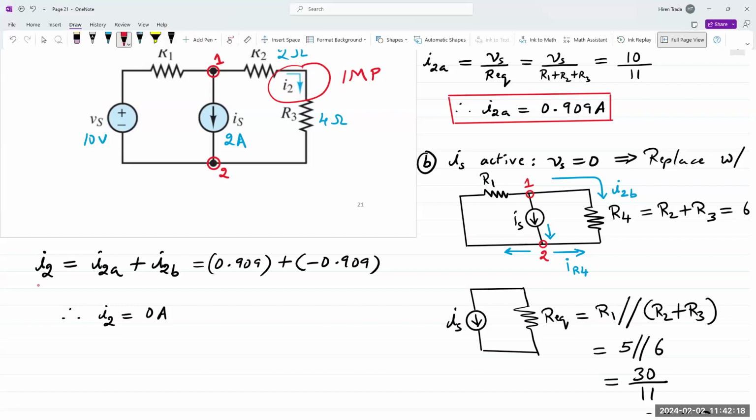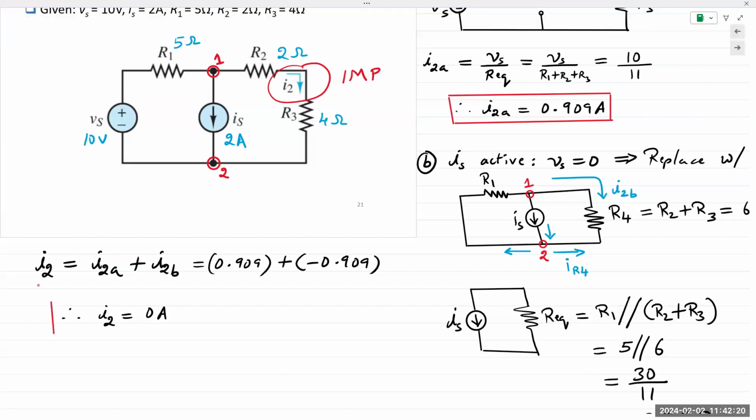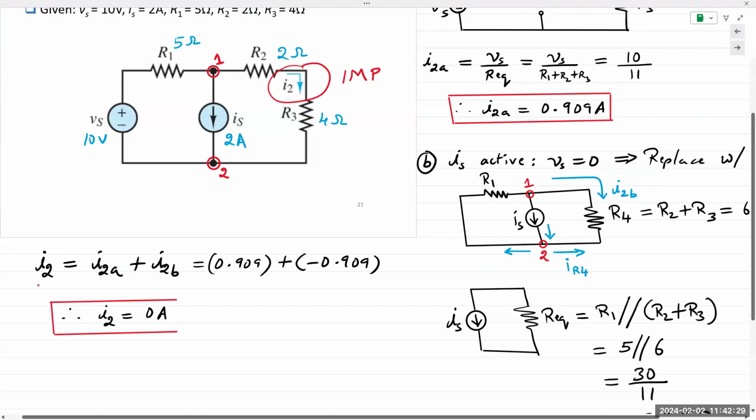Turns out to be 0. If we had neglected to note the direction of I2 as minus for current source, then our answer, instead of being 0, would be 0.909 plus 0.909. Again, every tiny little thing matters.